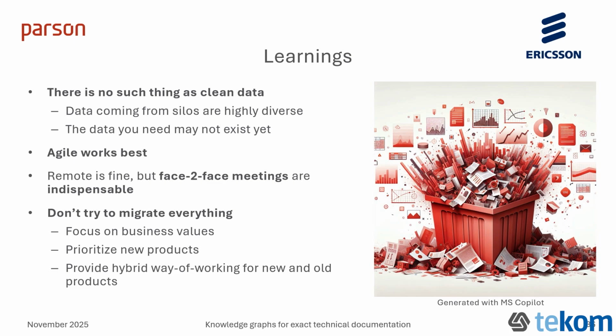You probably want to prioritize new products or products where you see the best business case, and you might need to provide hybrid ways of handling this. And that is not so nice if you want a very clean information and system architecture. In reality, it doesn't work the other way, because you can either do it in a knowledge graph or not. For Endress+Hauser, maybe the old system is still active and they may want to leave some products there.